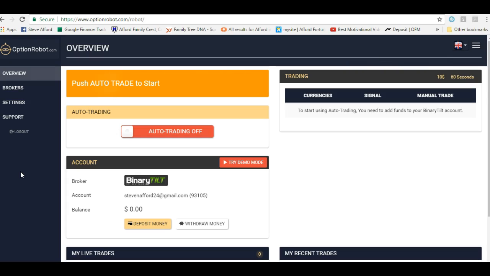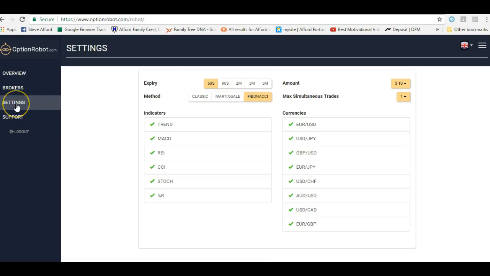If that signal is delayed or interfered with from Option Robot to you, and from you to Option Robot and to the broker, everything can be disharmonized, and problems could be caused.